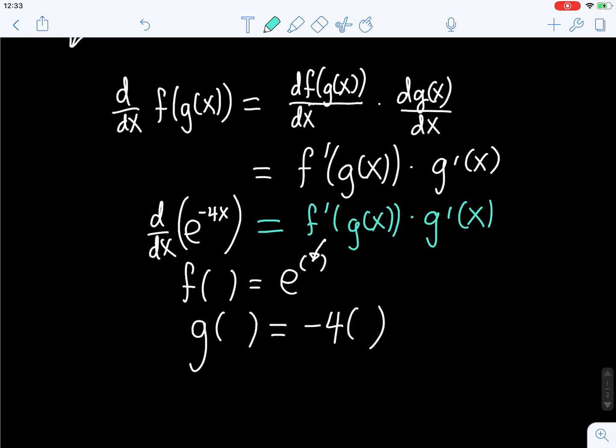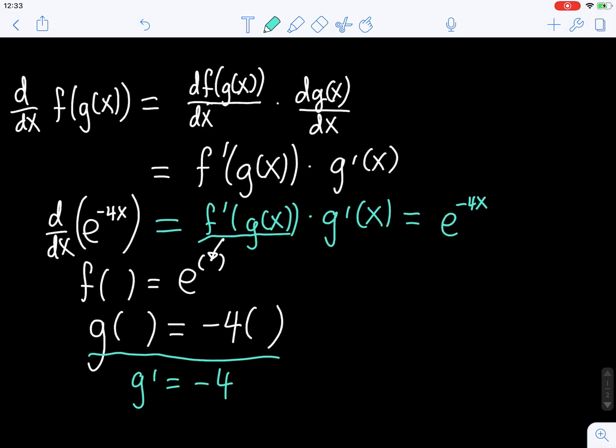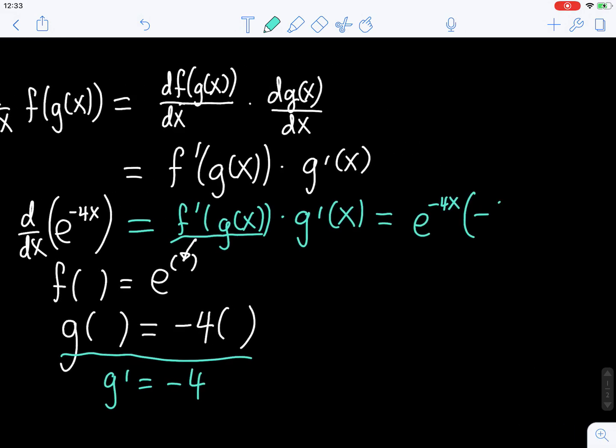And so the first part is going to be just e to the same g of x. So leave g of x alone. And then if we derive g, then we get negative 4 because we have g being negative 4 times something. Okay, so the derivative of g is negative 4. So we have negative 4 being applied here.